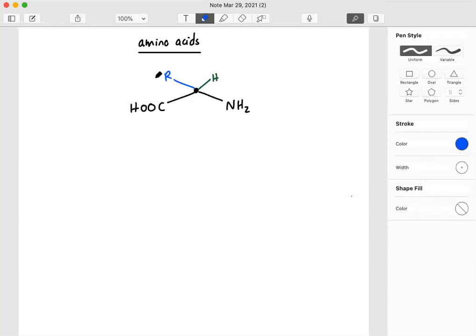This R group can be a lot of stuff. It can be hydrogen. This is the simplest amino acid، اللي هو اسمه glycine.